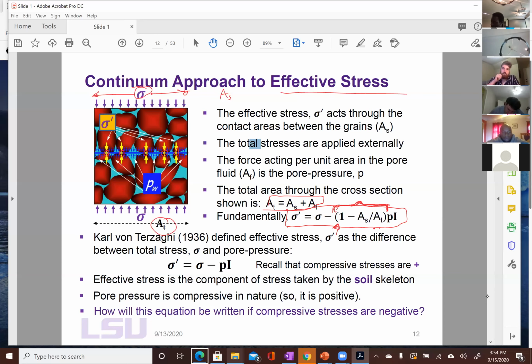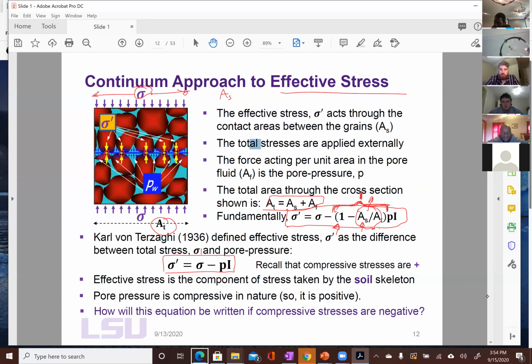So in the simplest form, if this parameter is just 1, which is what you see, right? As AS becomes smaller and smaller, you can see AS is very small compared to the total area, right? So we can neglect this. This tends to 0, and it's essentially 1. And what you have is the simple effective stress, which we had talked about before.